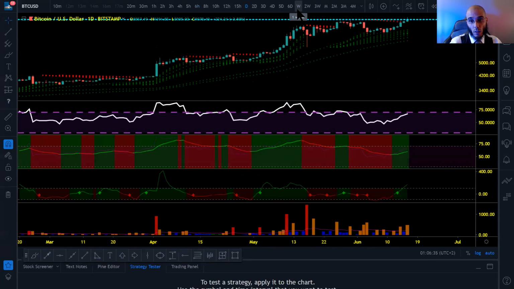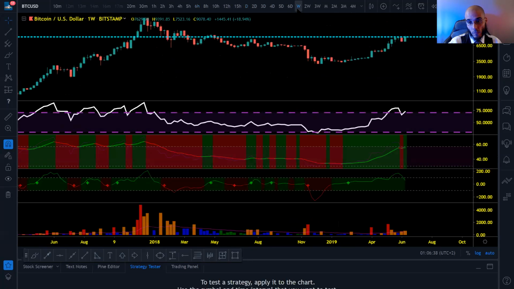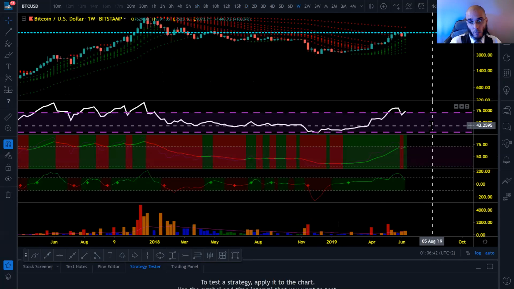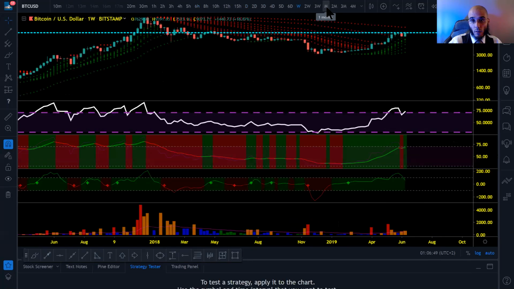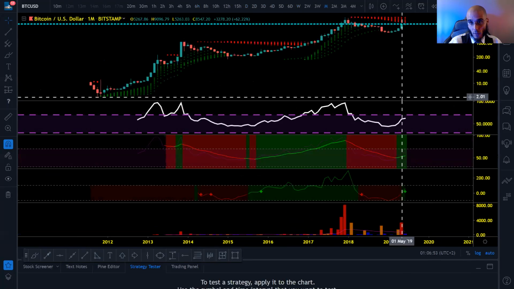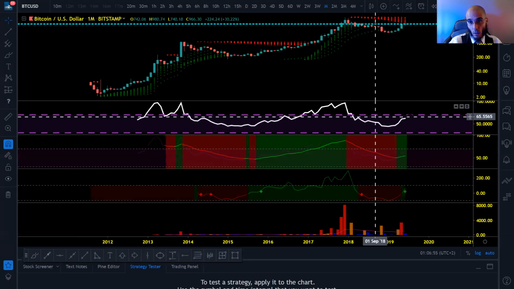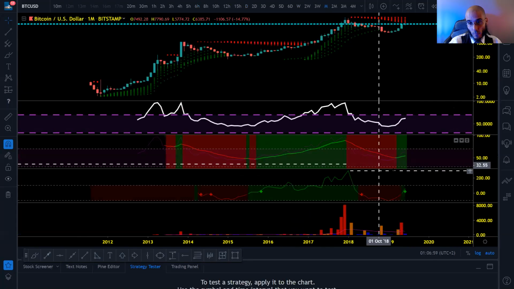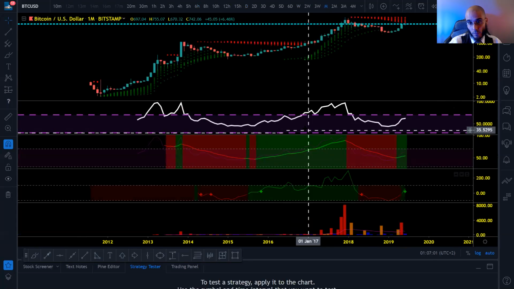Then let's take a look at the 1 week. Everything is positive and we have a high. Let's take a look at the 1 month. I've never looked at it, but I should maybe look at it. So we are positive on RSI.